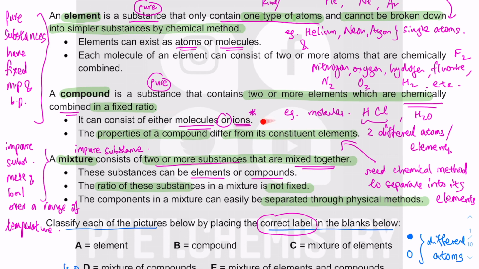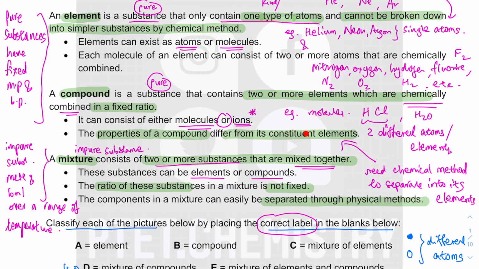In a compound, you have a fixed ratio of the two or more elements combined together, whereas the substances that are mixed together can be in variable proportion, variable ratio. That means the ratio in which they are mixed is not fixed at all.